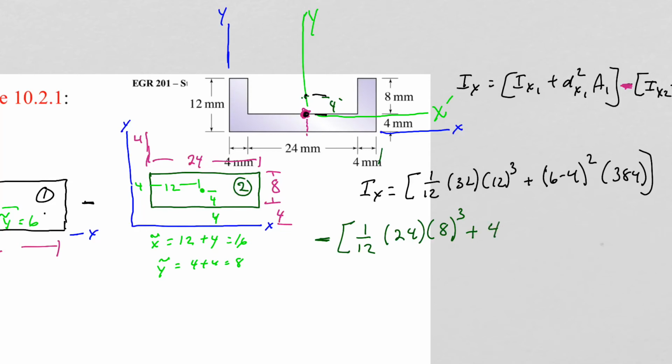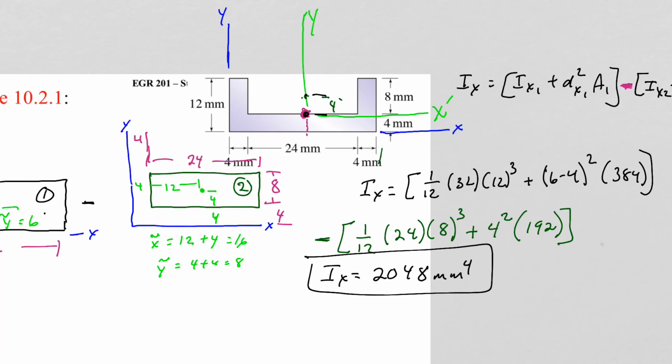So 4 squared times its area, which is 192. If we calculate this out, our Ix, moment of inertia about this centroidal axis, is equal to 2,048 millimeters to the 4th.